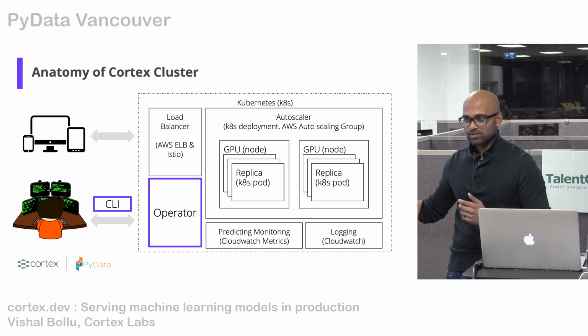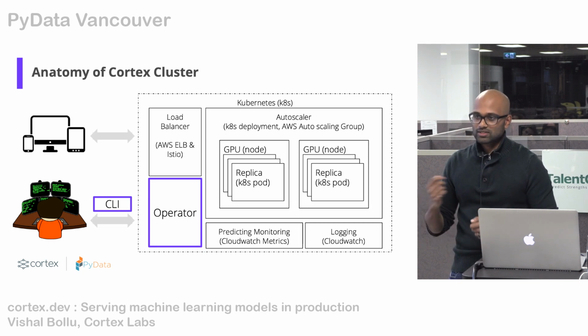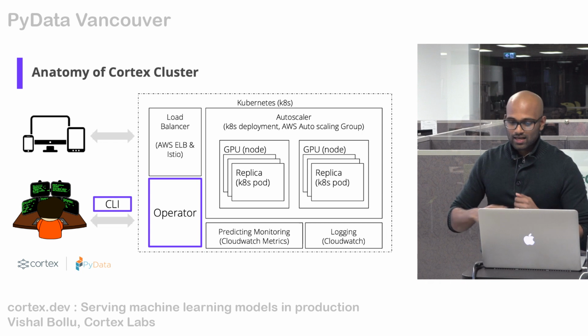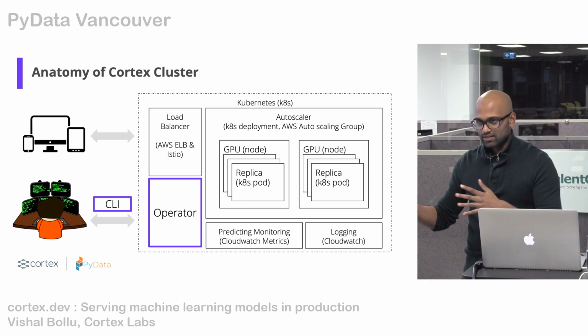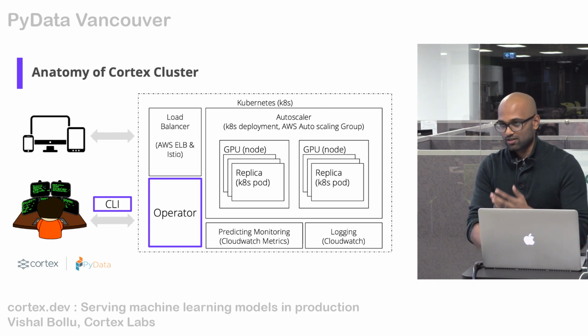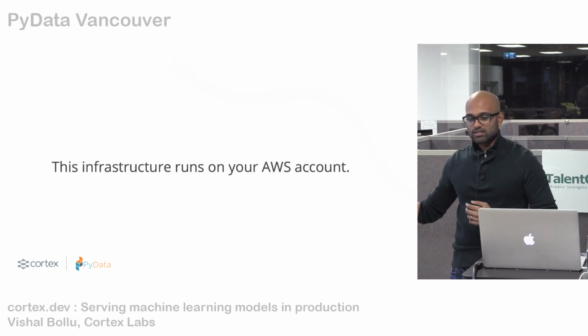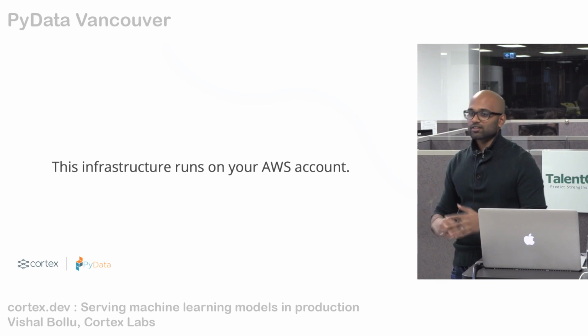And for logging, we use CloudWatch as well. So these are pretty standard stuff. What we do is we stitch them all together so that we can present a unified experience for model deployment, right? And this infrastructure runs on your AWS account. Currently, we only support AWS.